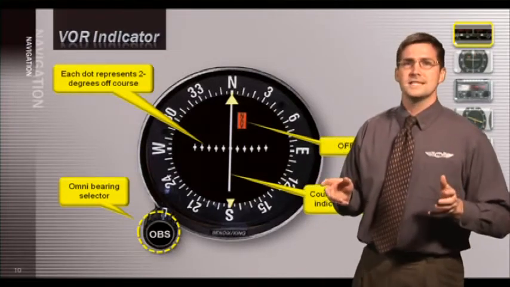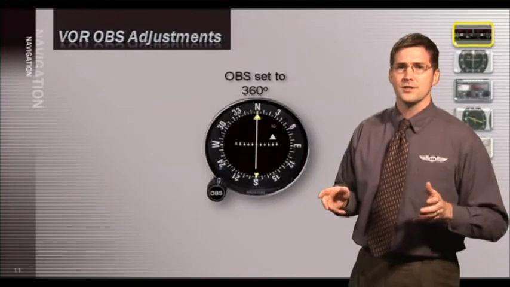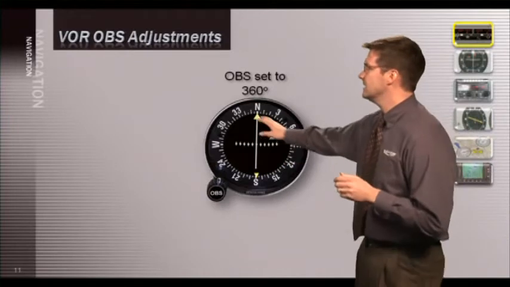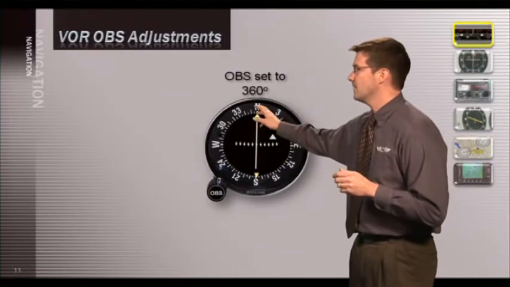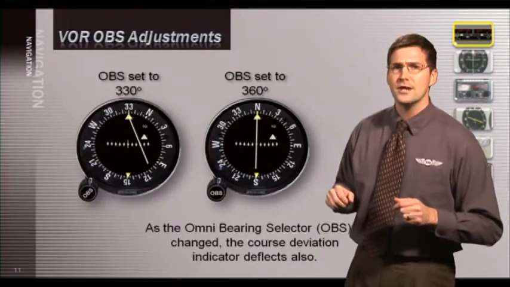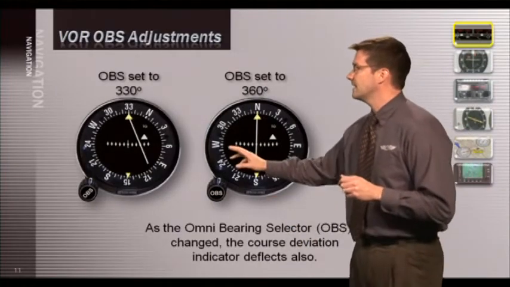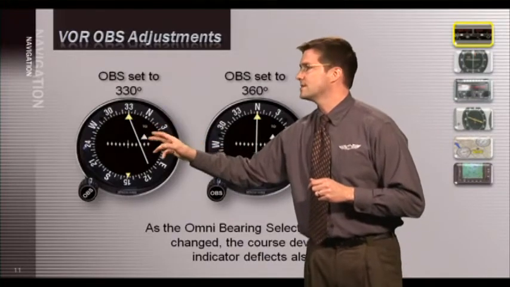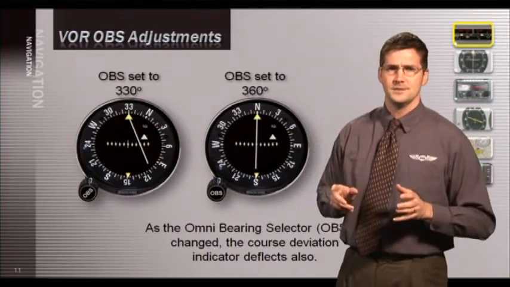Assuming you are directly south of the VOR station flying north with the OBS set to 360 degrees, the needle is centered, and you can see that right here. Now, if you set the OBS to 330 degrees, the needle is deflected to the right. And we see that in this example right here, so you can intercept the 330 degree radial.